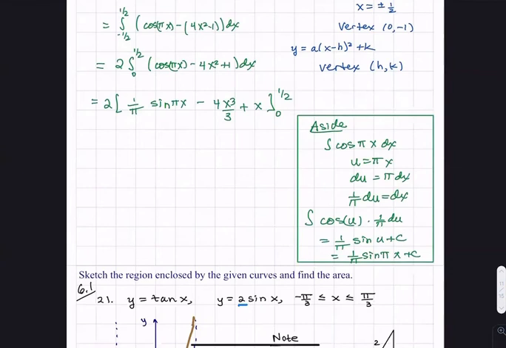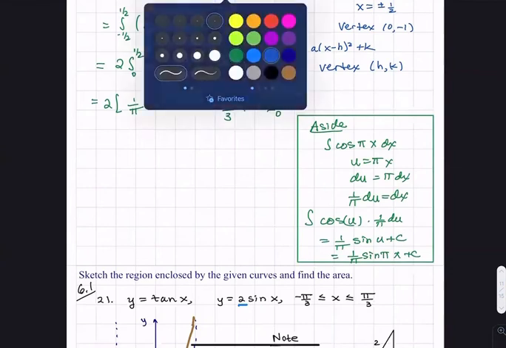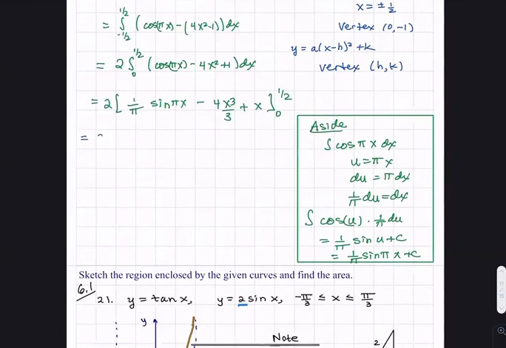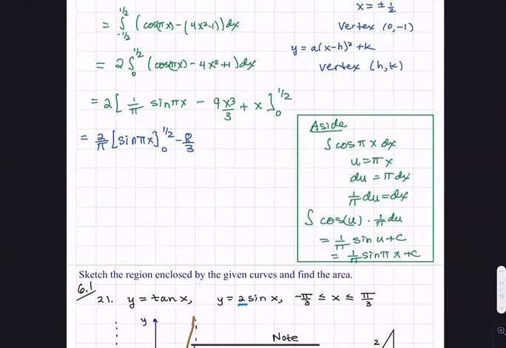Okay, now let's see if I can plug these numbers in and get this right. So I have 2 over pi sine pi x from 0 to 1/2 minus 8/3. So 2 times 4 is 8, so minus 8/3 x cubed from 0 to 1/2, plus 2x from 0 to 1/2.